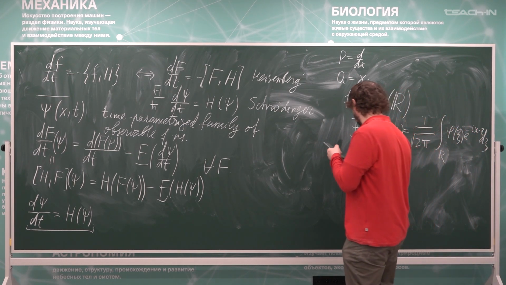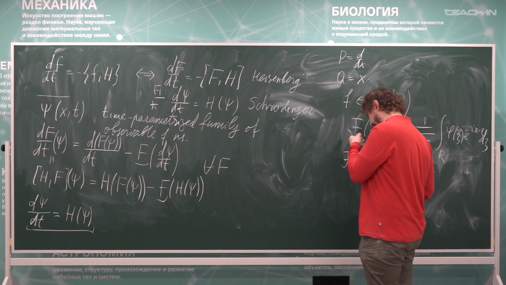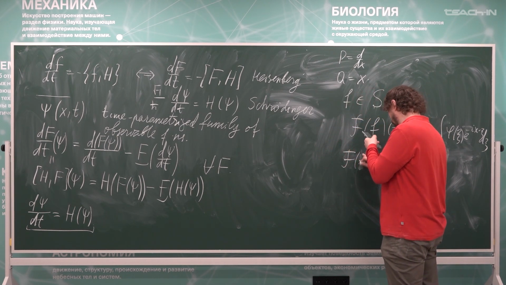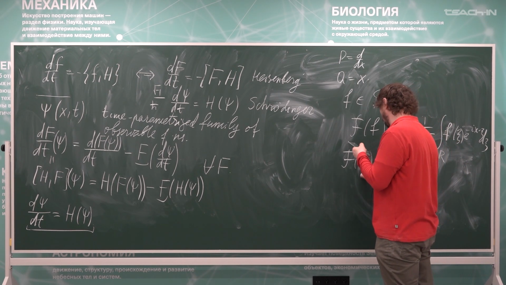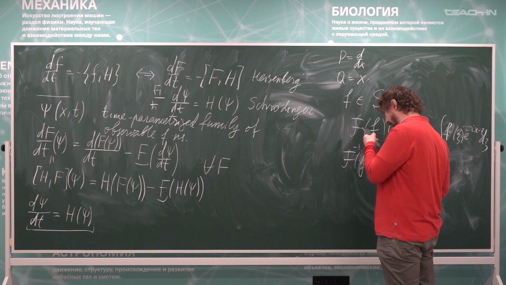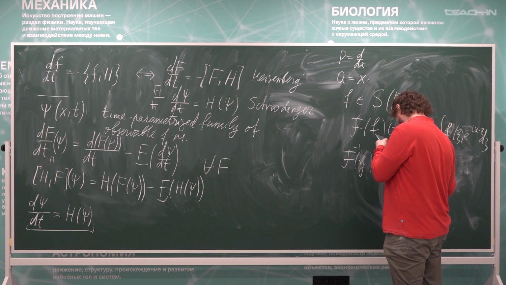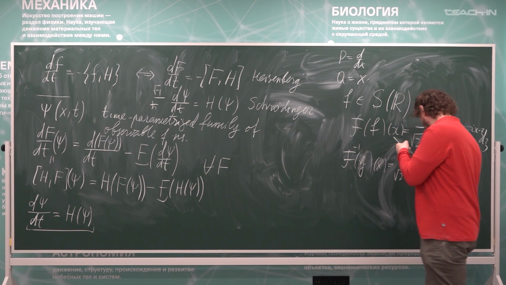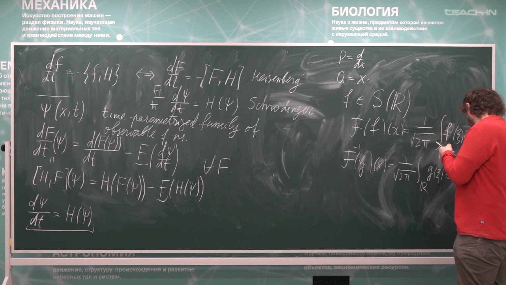And the inverse transform, applied to g at a point x, is equal to 1 over square root of 2 pi times the integral over R of g of xi e to the power i x xi d xi.